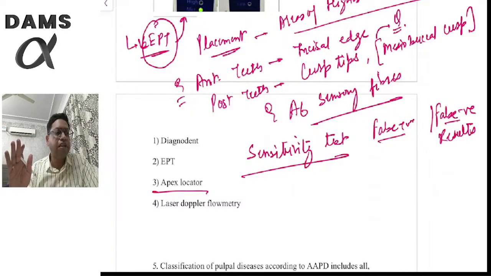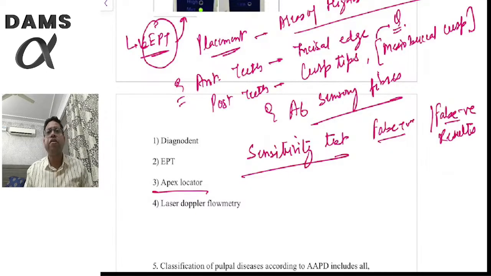Out of these sensibility tests, the highest accuracy is with the cold test, the medium accuracy is found with the electric pulp tester, and the heat test is the least accurate of the three types of pulp sensibility tests. They all rely upon the sensory innervation of the dental pulp. They are not true vitality tests. True vitality tests are the ones like laser Doppler flowmetry. It is a vitality test.